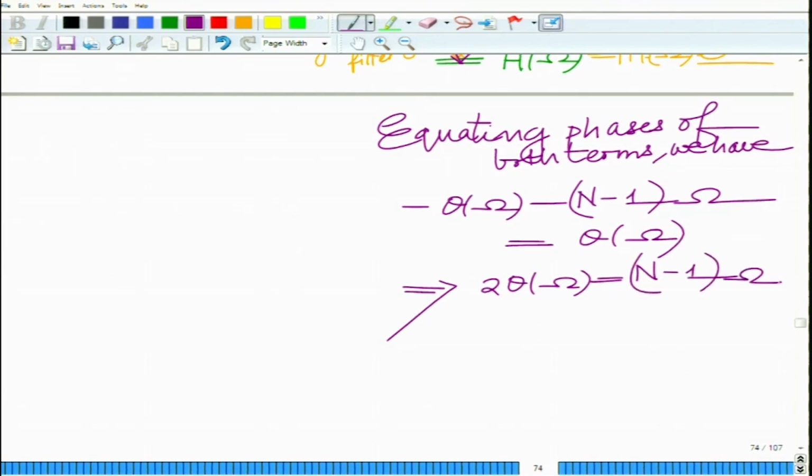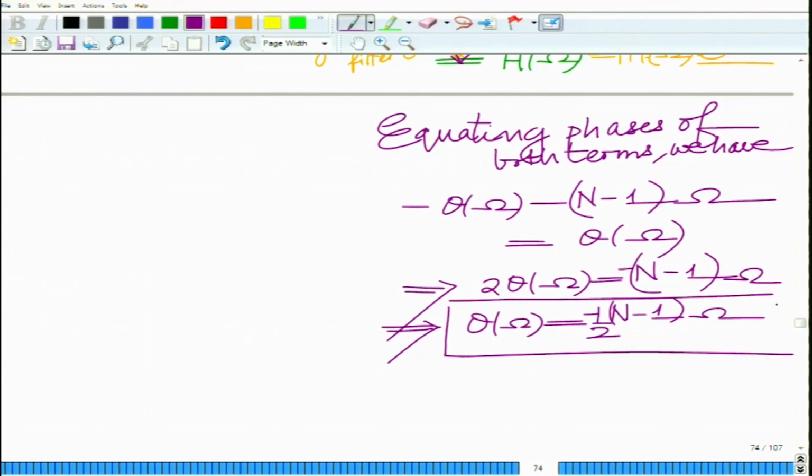So, this is a neat trick which implies the phase has to satisfy theta omega equals minus half n minus 1 omega.